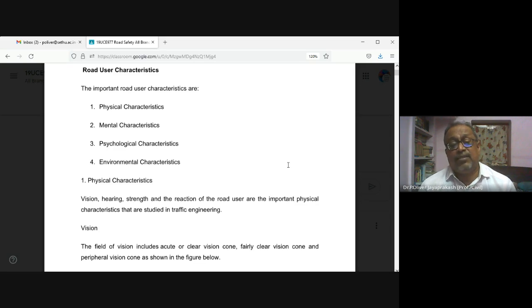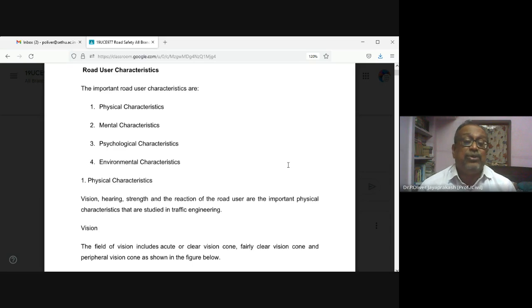So we'll see the factors which influence road safety, on Indian roads especially. First and foremost is the road user characteristics. As you know, characteristics are the behavior, the manner in which the road users are using the road. I'll put it lightly.